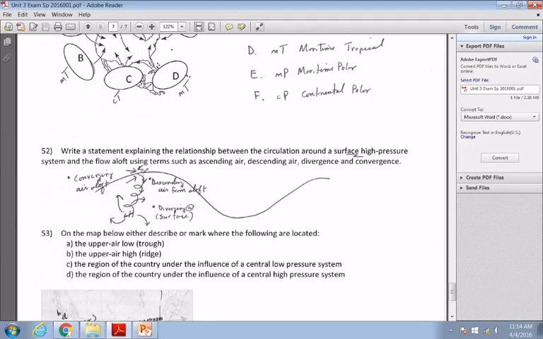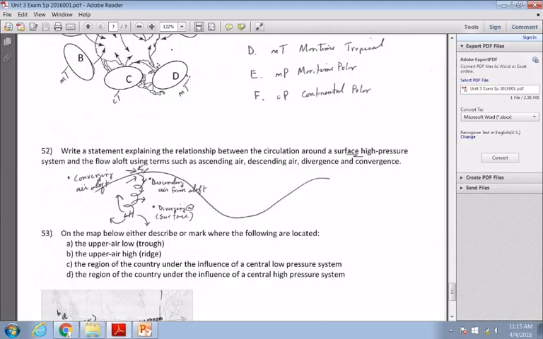But surface high pressures can't stay. If they want to stay a high pressure, then you need to feed them. I saw somebody use the word feed, which I thought was adorable. So they're fed by air moving down from above, and air moves down from above because it converges aloft. Again, I don't see it making it to your final.